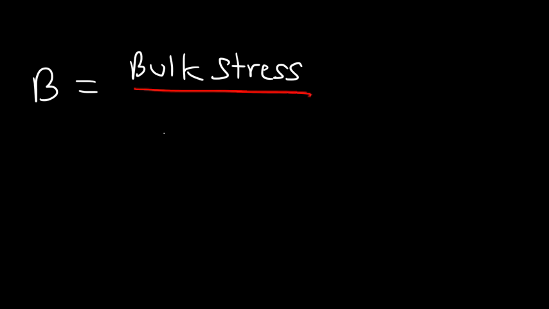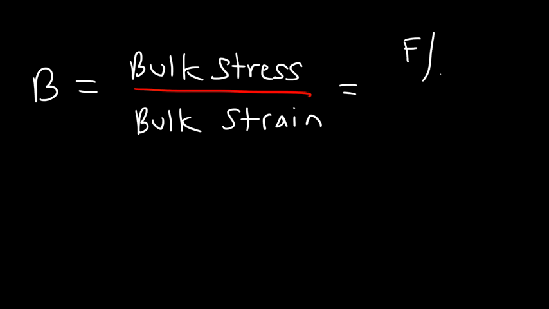Now the bulk modulus is the ratio between the bulk stress and the bulk strain. And as you've seen in other videos, the bulk stress, or stress in general, is force over area.